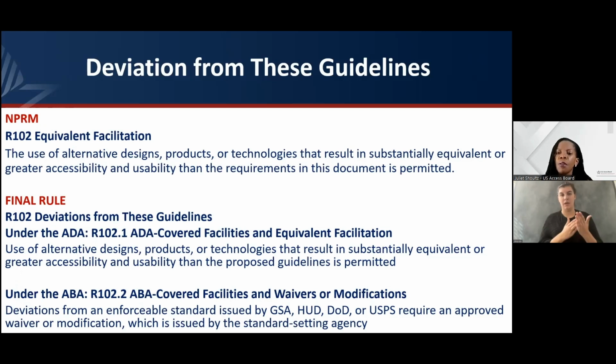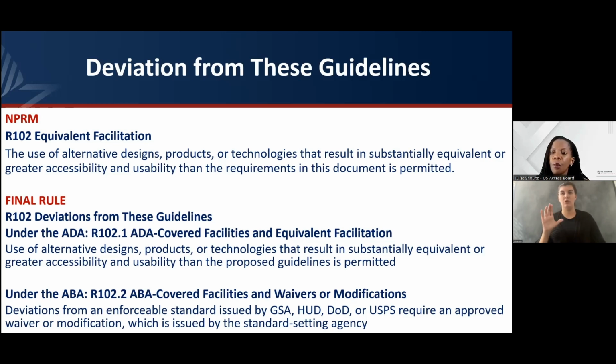This section was previously titled Equivalent Facilitation, and it allowed that under the ADA, the use of alternative designs, products, or technologies that result in substantially equivalent or greater accessibility and usability than the proposed guidelines are permitted. In the final rule, the board clarified that the use of alternative designs, products, or technologies is not permitted for facilities subject to the ABA, the Architectural Barriers Act.